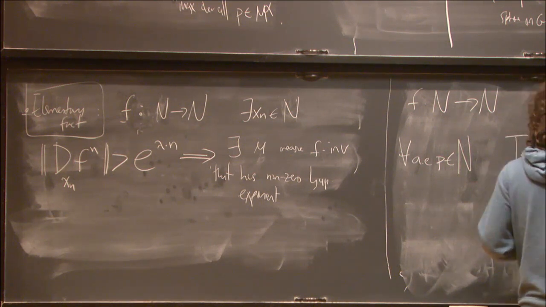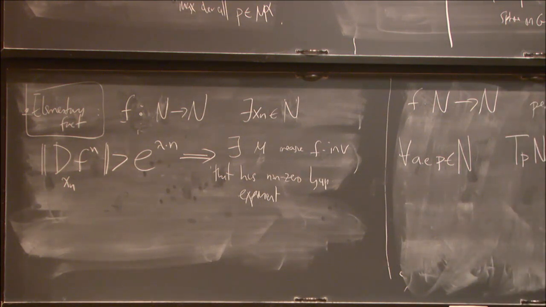And so there exist some numbers, lambda 1, lambda 2, up to lambda n.